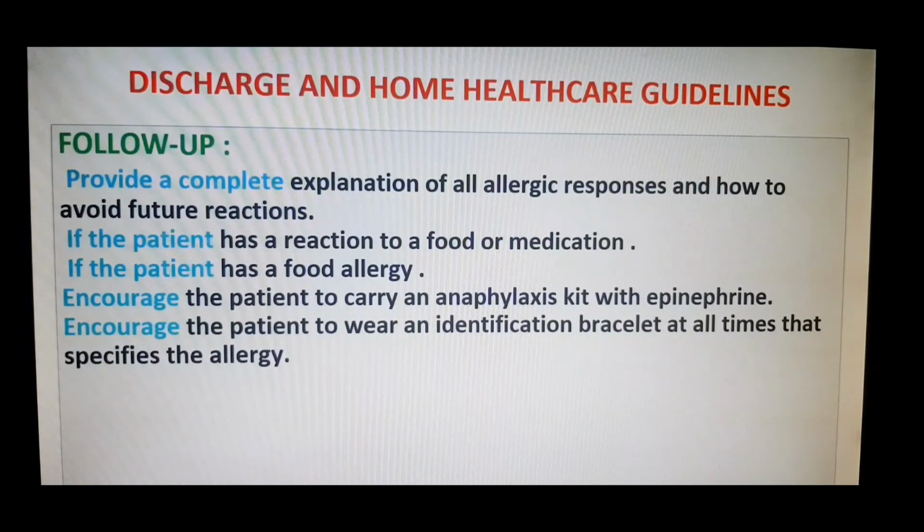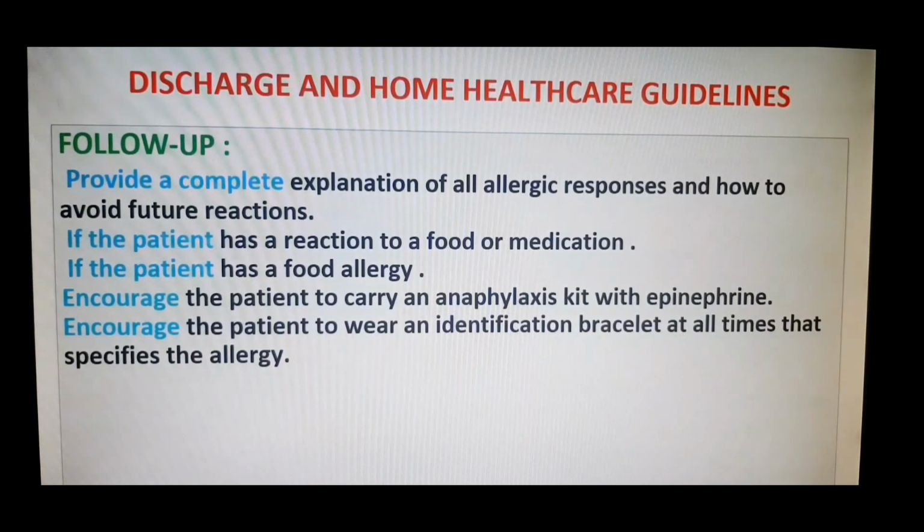Now, guidelines about discharge and home healthcare: provide a complete explanation of all allergic responses and how to avoid future reactions. If the patient has a reaction to a food or medication, instruct the patient and family about the substance itself and all potential sources. If the patient has a food allergy, you may need to include a dietitian in the patient teaching.